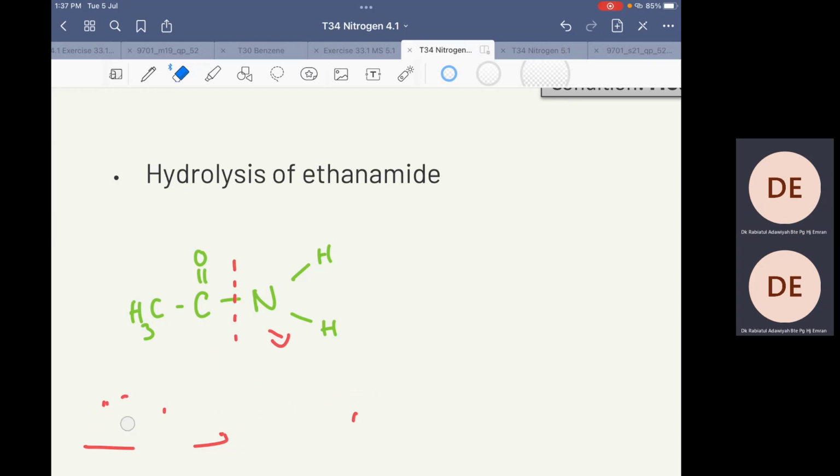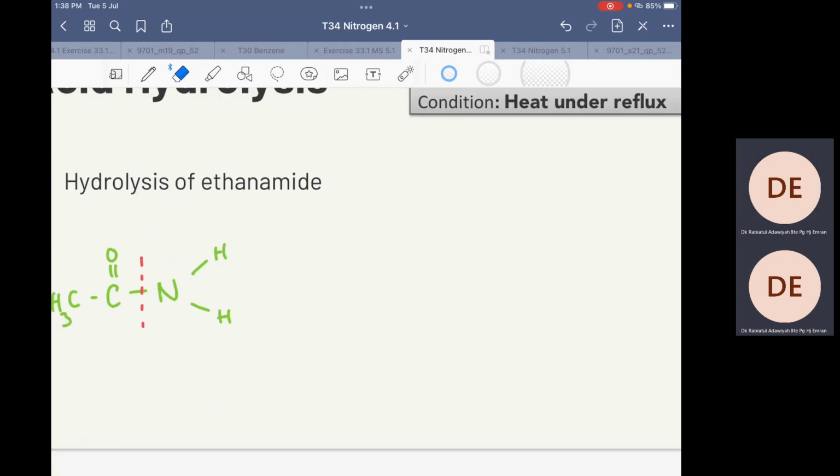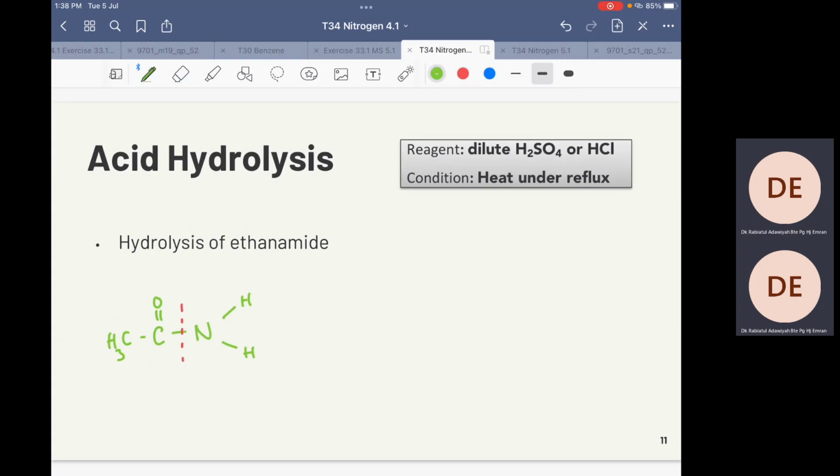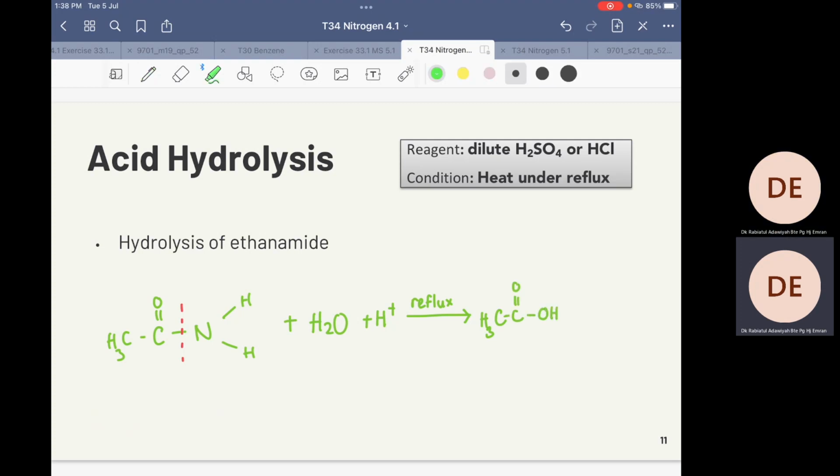And we'll write down the equation. The equation is that ethanamide plus H2O plus H plus, and then you heat it under reflux. You should produce ethanoic acid, CH3COOH.